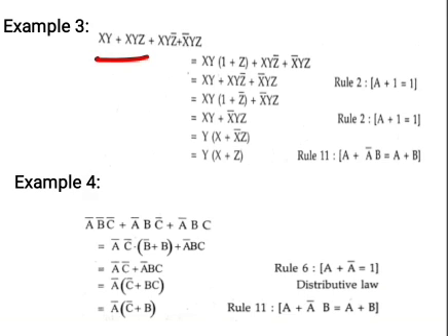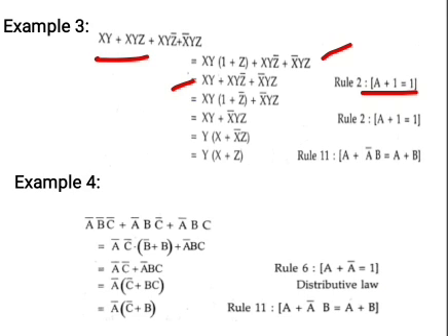So xy into 1 plus z, plus xyz complement plus x complement yz. So 1 plus z equals 1. You know the rule number 2 says A plus 1 equals 1. So xy plus xyz complement plus x complement yz.